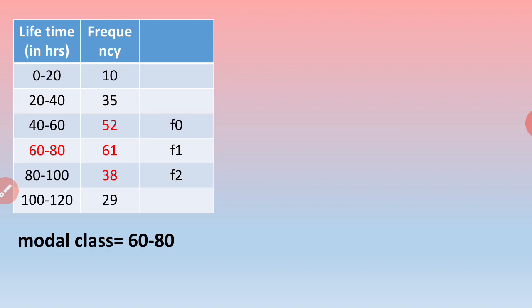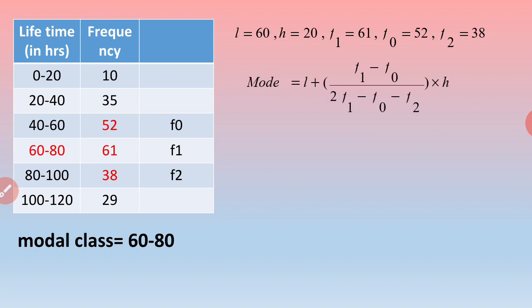Exactly above F1 is F0. So 52 is F0. And below it, that is the succeeding one, that is 38, is F2. Then we can easily find out the lower limit L of the modal class, that is 60, and the height is nothing but the difference of the upper and the lower limit, that is 20 in this case. With all the given data, the next step is noting down the formula, and next step is substitution of all the values in the formula.